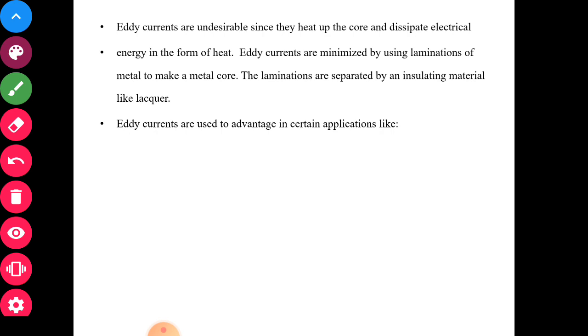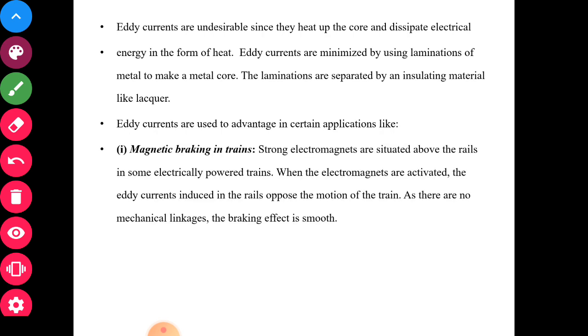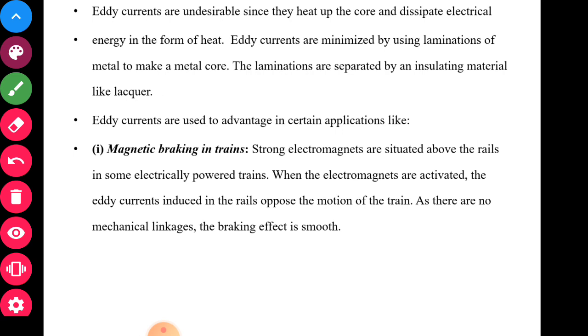Eddy currents are used sometimes in some places. There are advantages also. The first advantage is magnetic braking in the train. You cannot stop the train by applying mechanical brakes alone; there is magnetic braking in the train. Strong electromagnets are situated above the rails in some electrically powered trains.